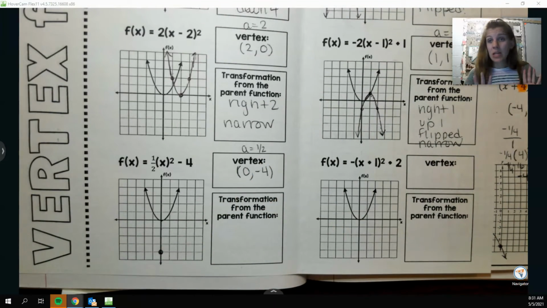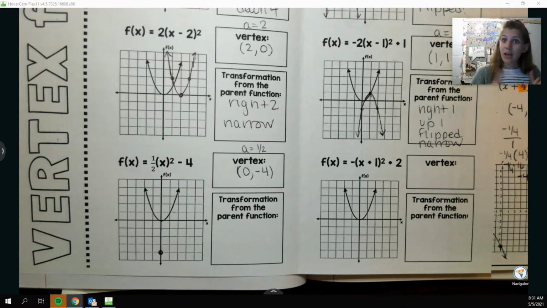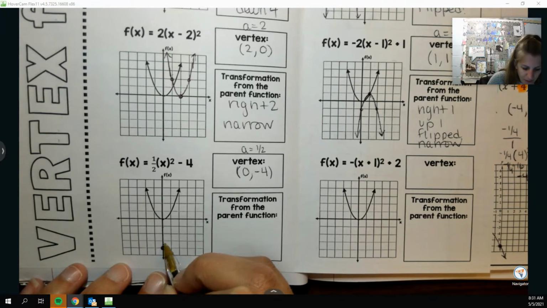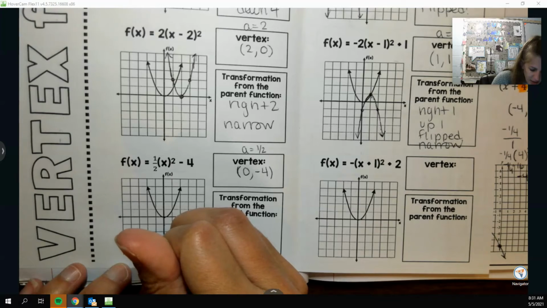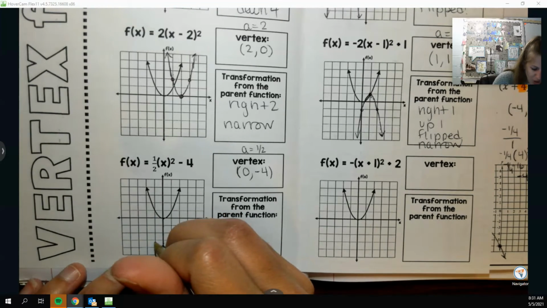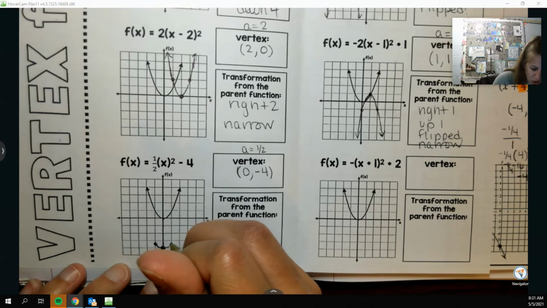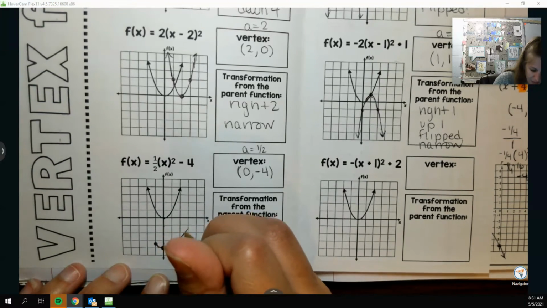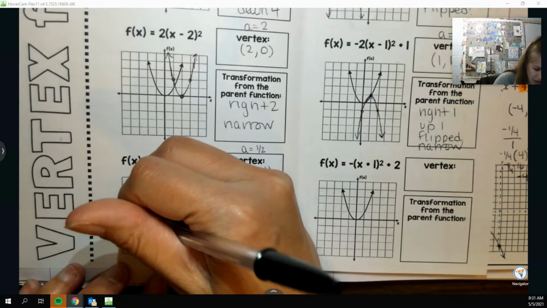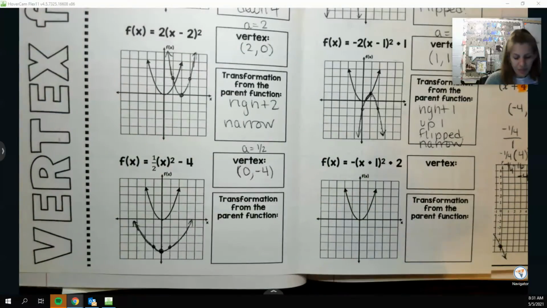Now, remember, slope for a parabola is a little different. I can't do it as rise over run. I have to do it always as rise and always run 1. So I'm going to rise up a half and run 1. Then I can flip it over, put it on the other side, which is showing me that this graph is moving slower because it didn't get all the way up there like it normally does, which makes this graph wider.